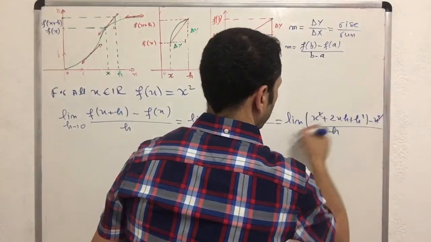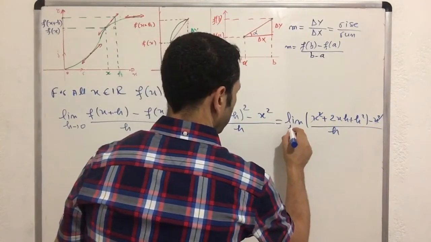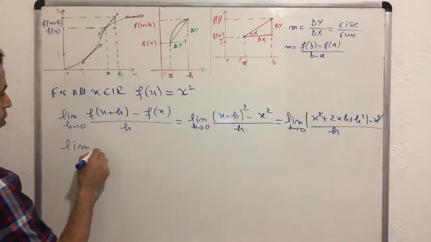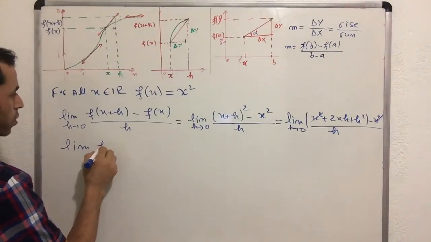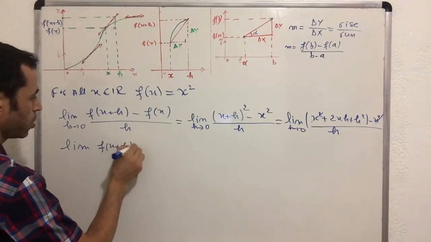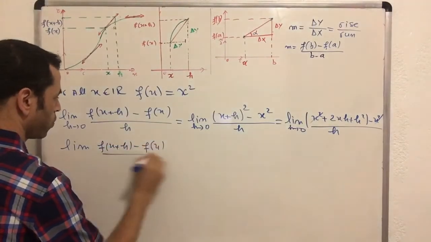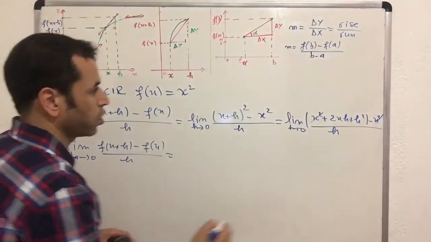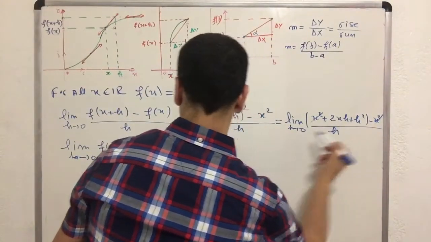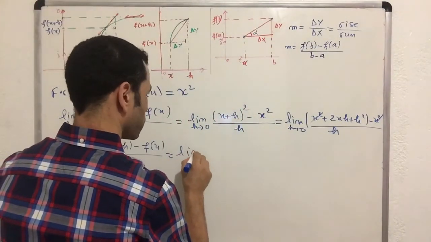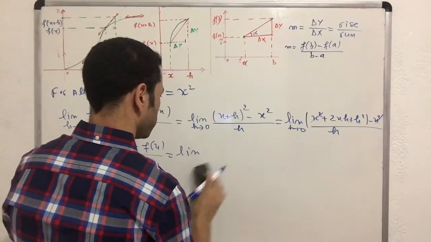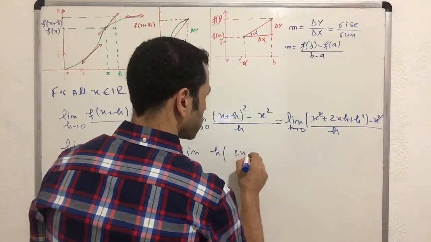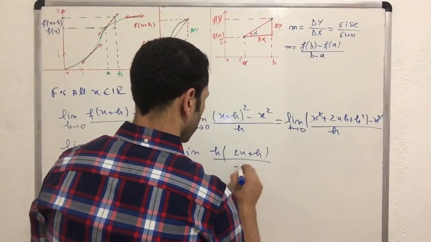Let's cancel x squared with x squared. What's left? Let's factor h, which gives h times 2x plus h, over h.